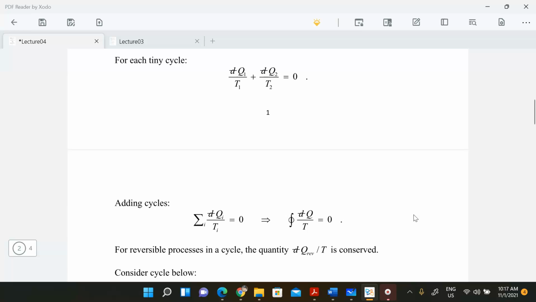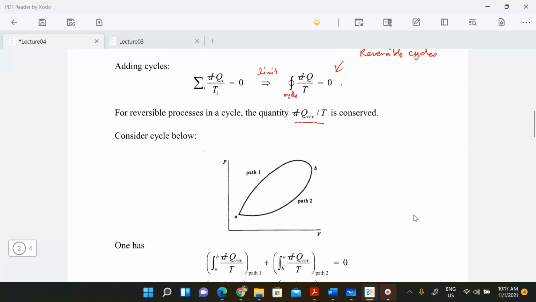In the limit, smoothing out the thing, it's just like an integral over a cycle of dq over T, and that will be equal to 0, provided, remember, that this is only for reversible cycles. Since an integral over a cycle equals 0, this particular quantity is going to be conserved.